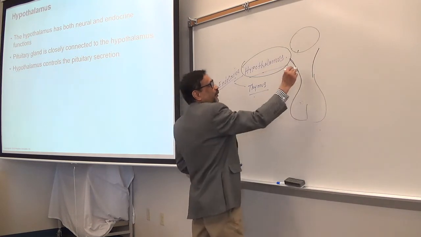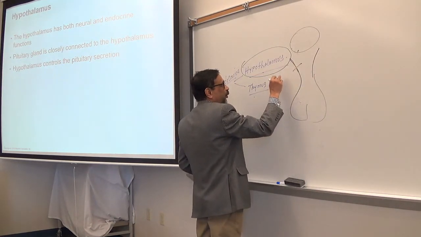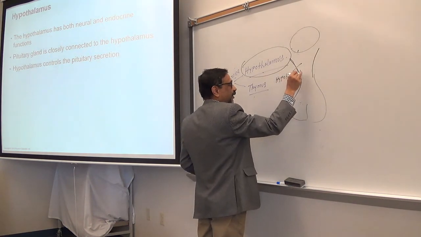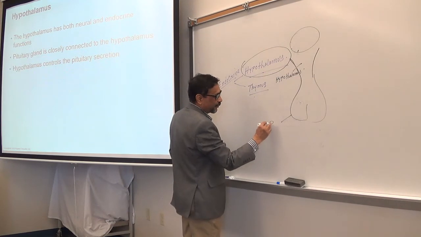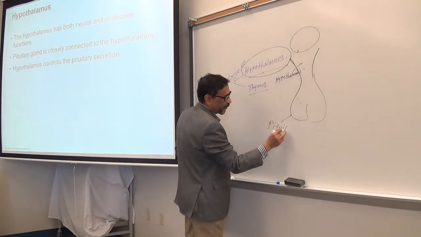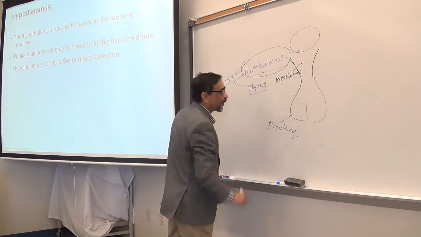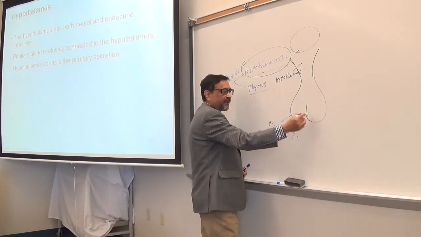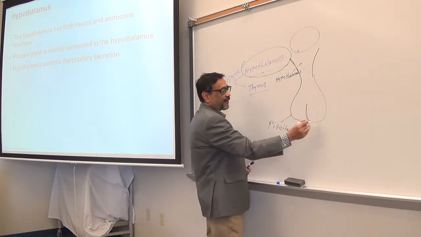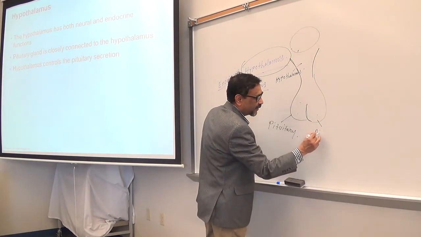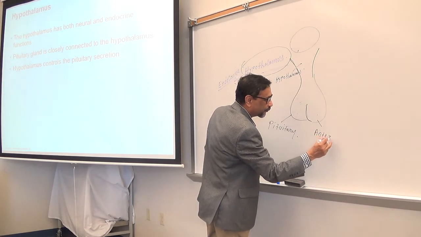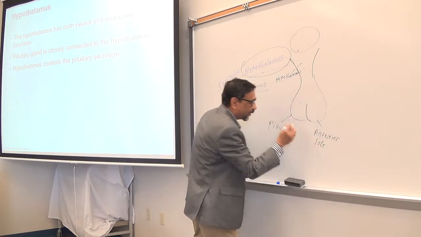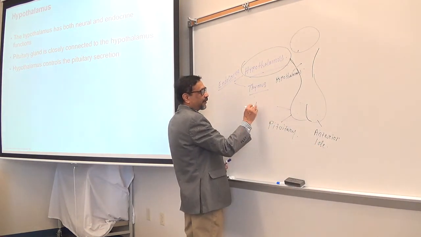Okay? So, this is hypothalamus, and this is what? Pituitary. Now, pituitary has 2 lobes. This is one, this is another. Okay? If this is front, this is called the anterior lobe, and this is the back, called what?